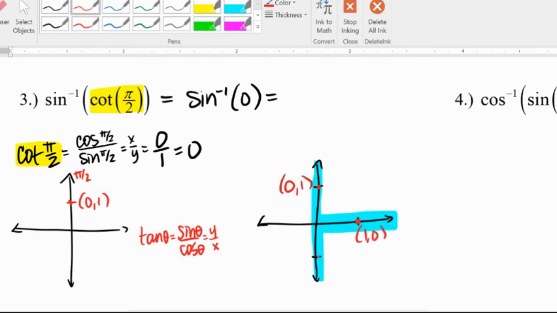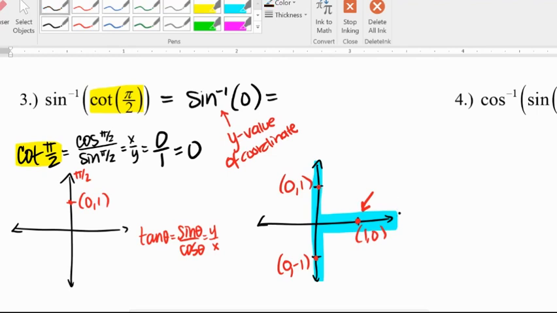Remember that sine inverse is referring to the y value of the coordinates. Sine is the y value of the coordinates. So I'm trying to figure out which of these angles within the restrictions of sine inverse, which are quadrants 1 and 4, has a y value of 0? This guy.